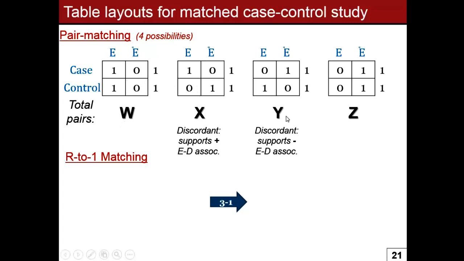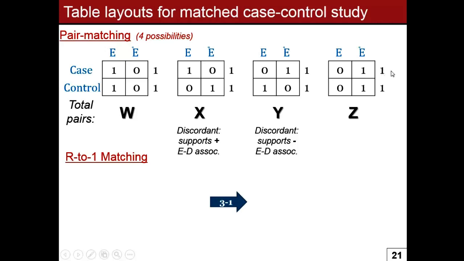And we gave them letters, W, X, Y, Z. The W's were the configuration where both the case and the control were exposed. Or you could have the Z's where both the case and the control were unexposed. So these are 2 extremes where both are exposed or both are unexposed.